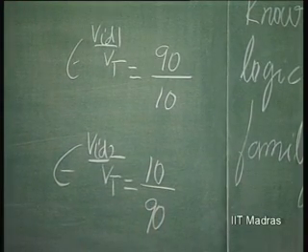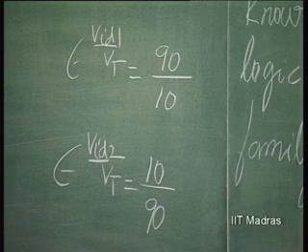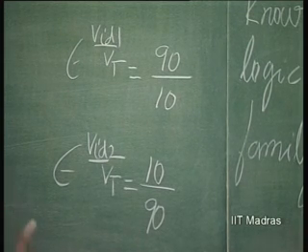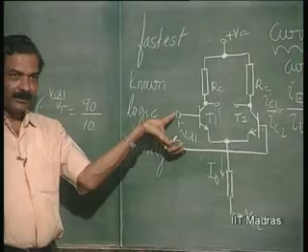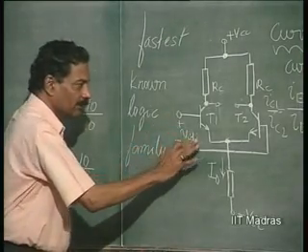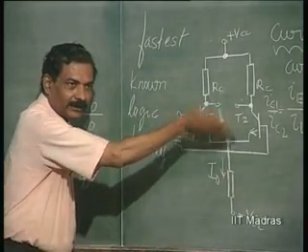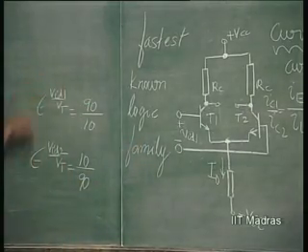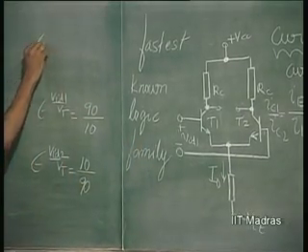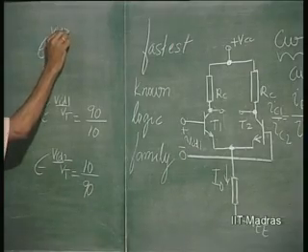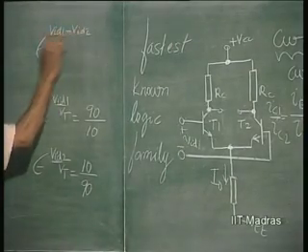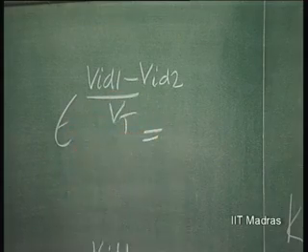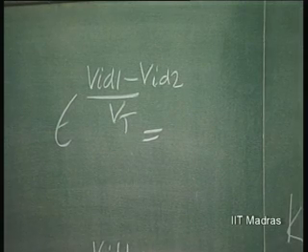And what do we need? We need VID1 minus VID2. What is the extent of variation in this? Which will cause this switching from one transistor to other and vice versa, right? So, you divide this one by other, you get exponent VID1 minus VID2 by Vt equal to, how much is it?